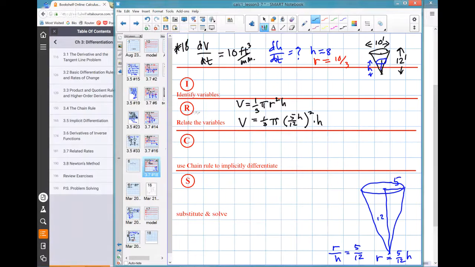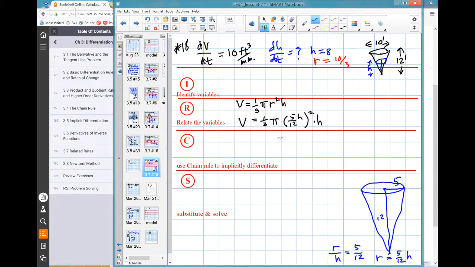So what we have here is a right triangle, and no matter what height I am, if my water is lower, all those triangles have to be similar because they all have a right angle and they all have the same angle down here at the vertex.